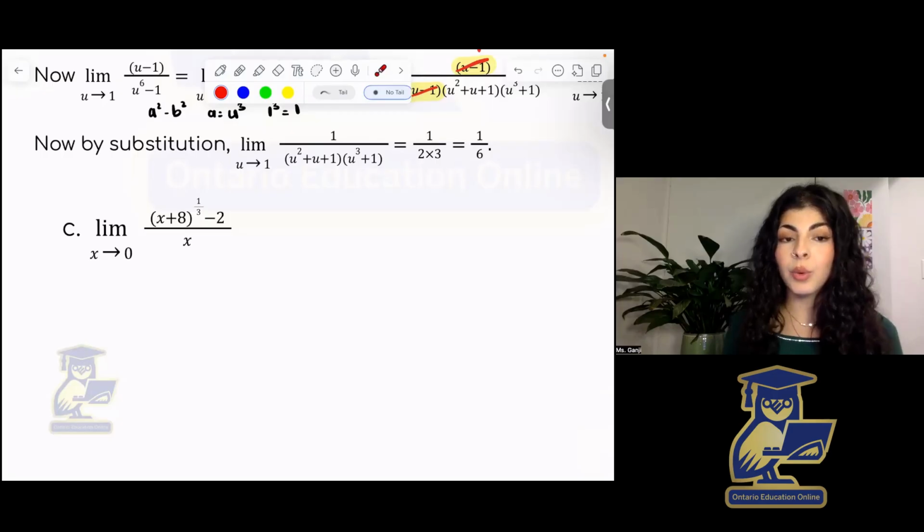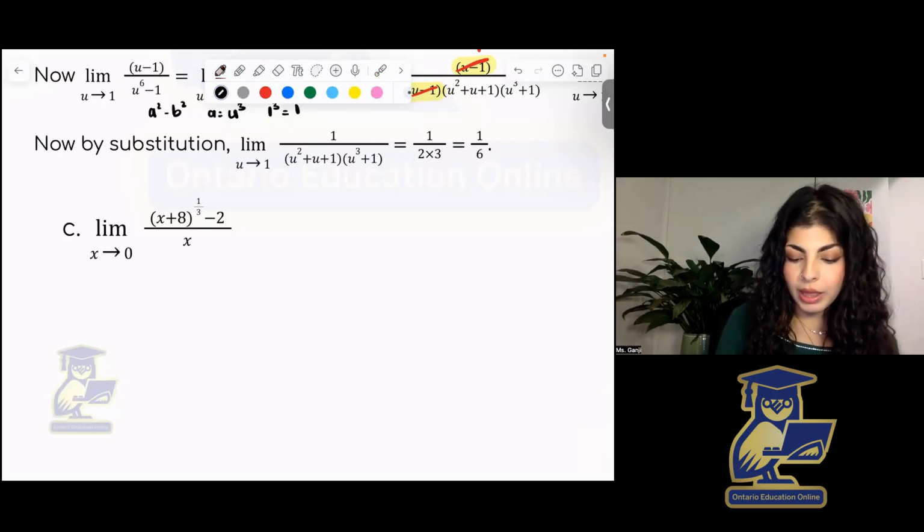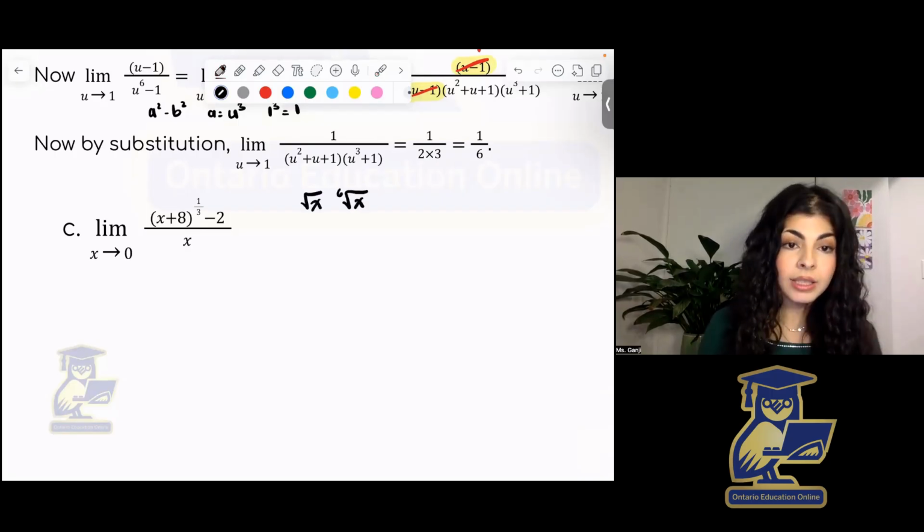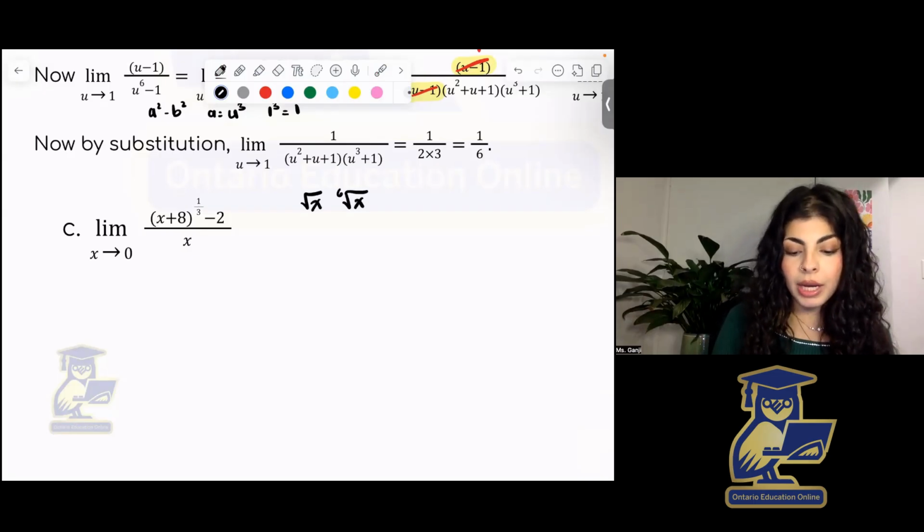It's x plus 8, whereas in A and B, we started with the square root of x, and then we had the 6th root of x. So in my roots itself, I just had x. But here it's x plus 8.